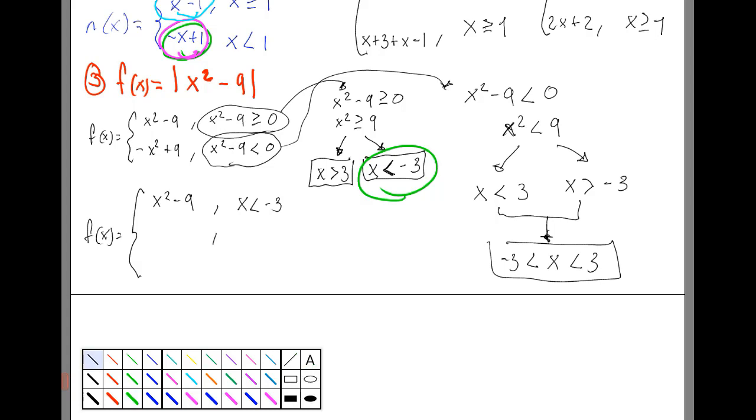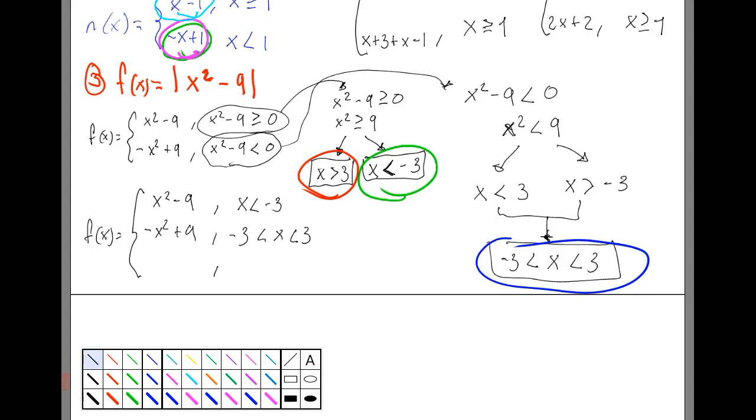Then we are going to use the second interval, that is this one. And for this interval, remember, it's the inverse, minus x squared plus 9 for values of x that are between negative 3 and 3. And finally, we're using this for values of x that are more than 3.